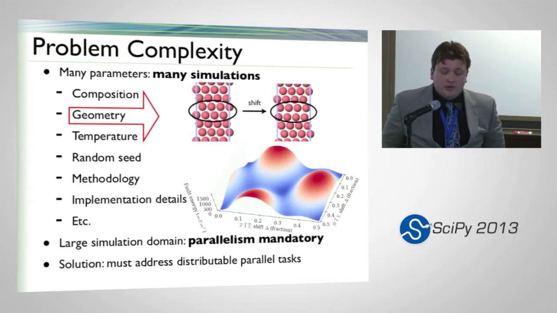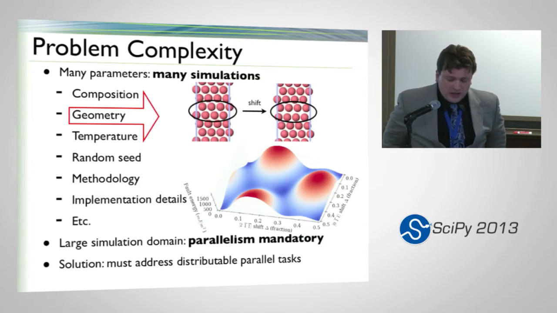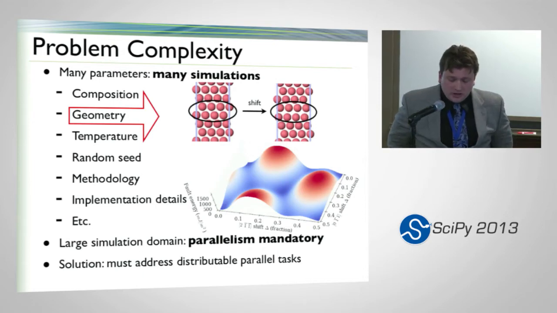I have many parameters that I might care about, and many of the problems I focus on require a very, very large simulation domain, meaning that any individual task is itself parallel. So whatever solution I use must address the fact that I need to distribute parallel tasks.